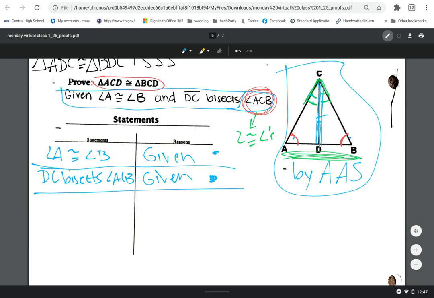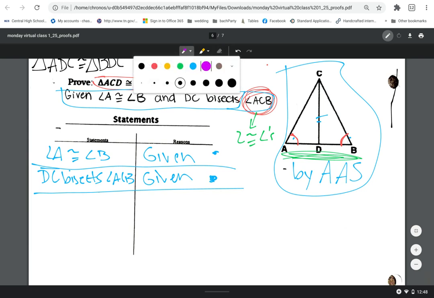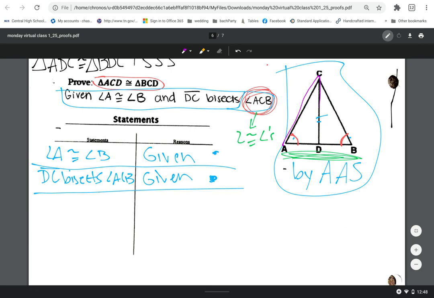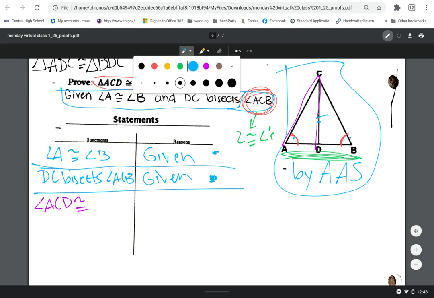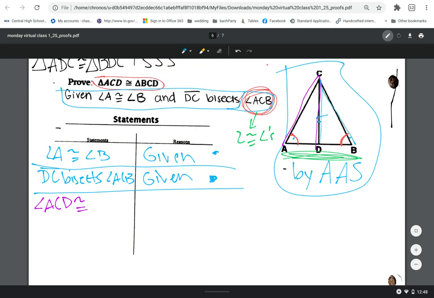Yes. From bisecting that angle, we got two congruent angles, so we need to name them. I cannot say angle C because angle C refers to two angles right now. So we need to name those. All right, so that's angle ACD is congruent to angle BCD.